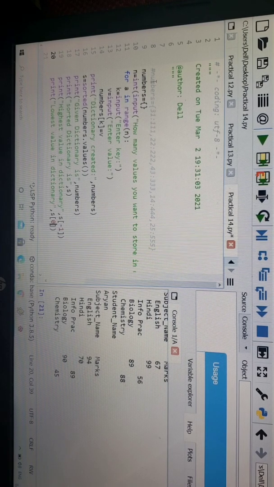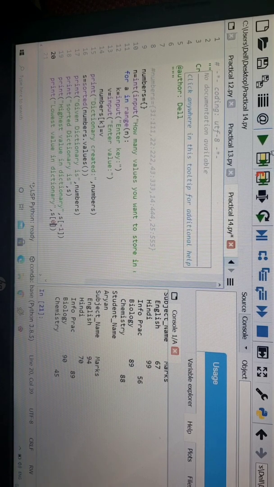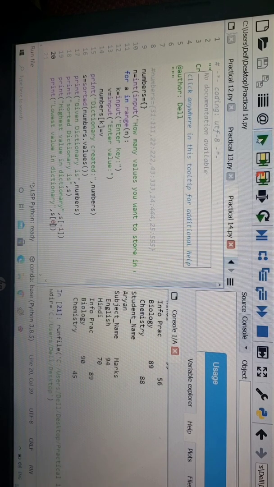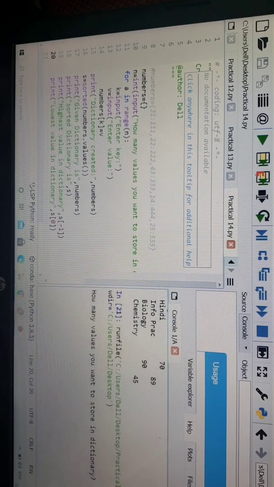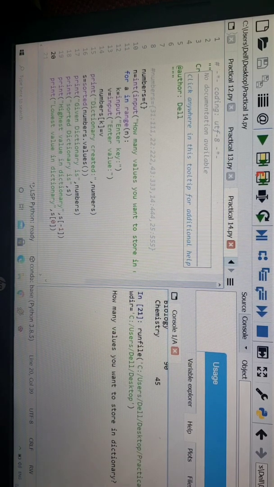Let's have a look at its output. Run your program. So how many values do you want to store? For example, you are storing 3 values, right? Enter the key. So first key I am entering 1, its value is 888. Then 7, its value is 777.